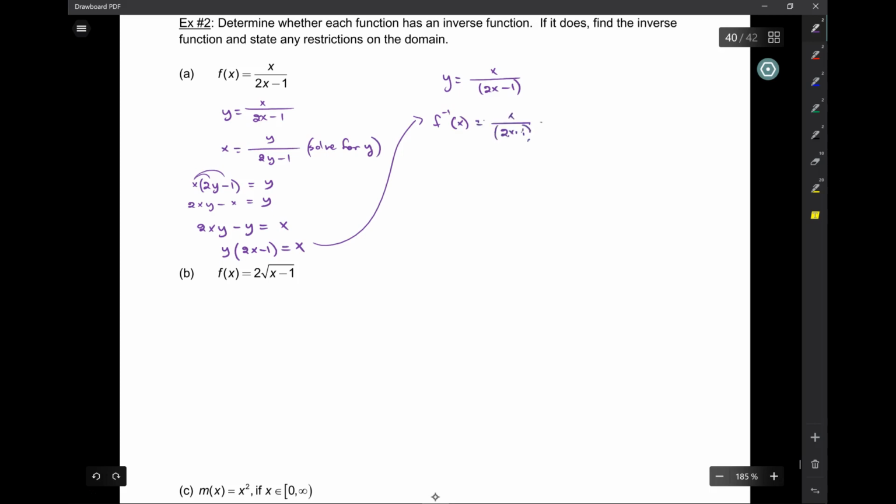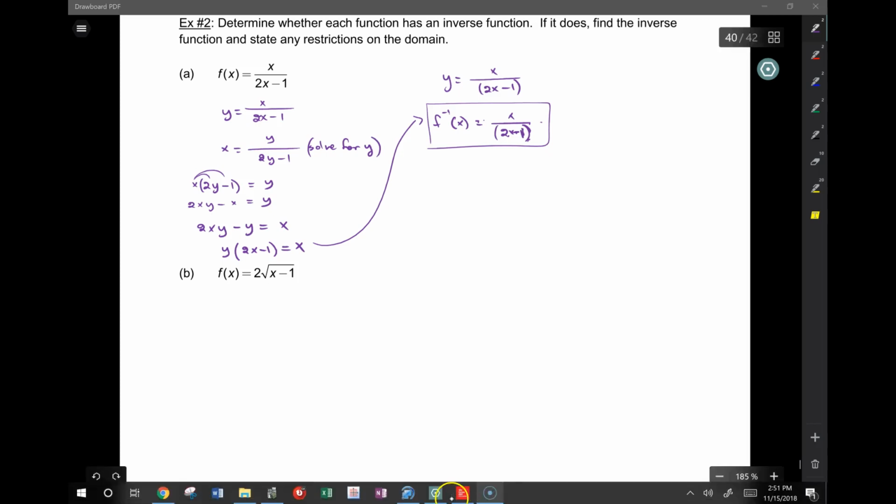Remember, Precalc Honors is all about notation, form, and so on. So what do you notice here? You got the same thing back, meaning this is its own inverse.